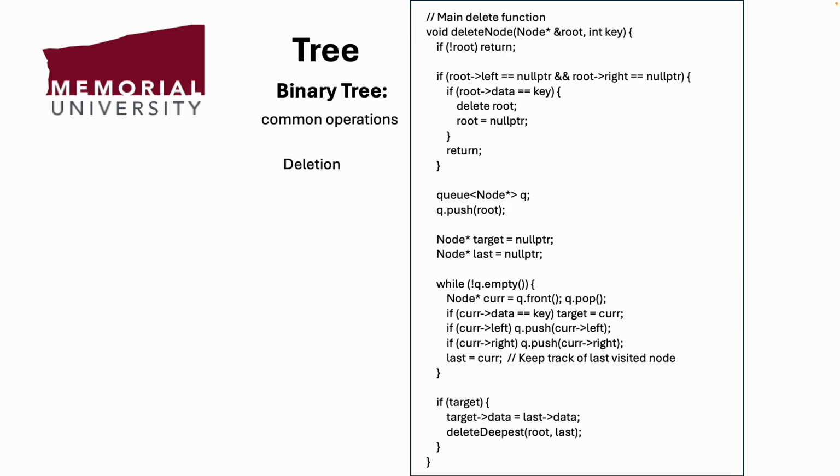Okay, let's look at the code. For deletion in a binary tree, what we use is still the queue data structure, which means the breadth-first strategy. You can pause here for a few minutes to look at this code first.